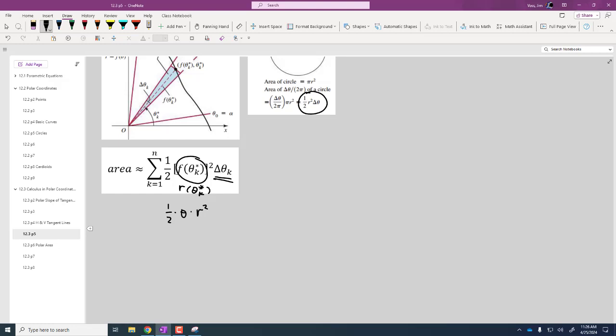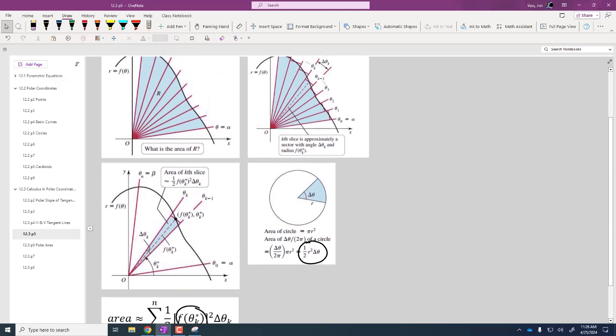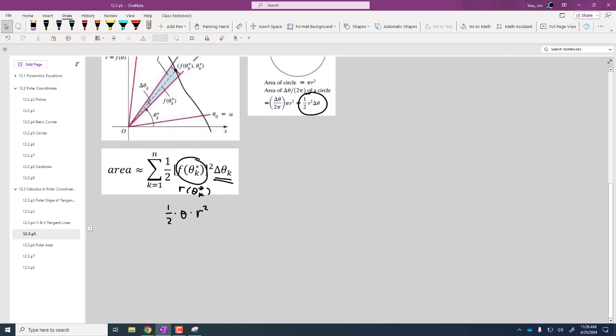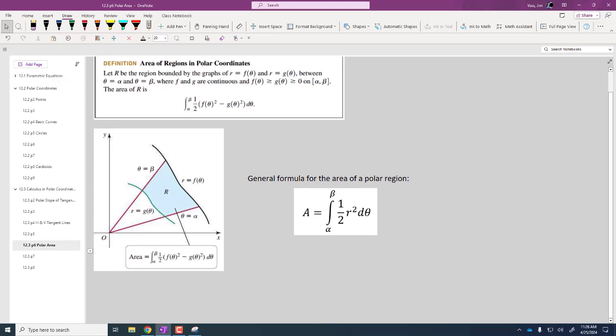So this is 1/2 theta r squared, the area of a sector. Add them all up, you'll get a good approximation. If you let the number of circular sectors increase towards infinity, you get better and better approximation. And then if you do the magic wand thing and take the limit of this Riemann sum, bada bing, you get the area formula.